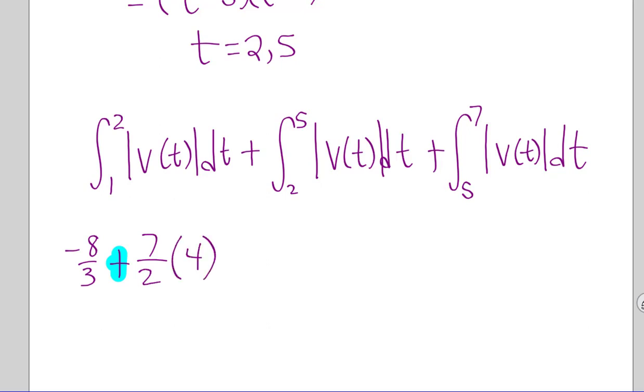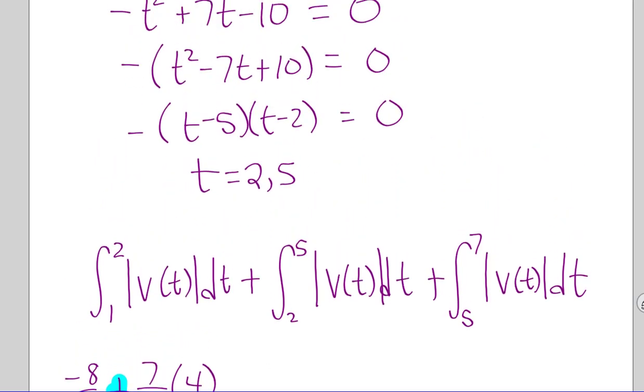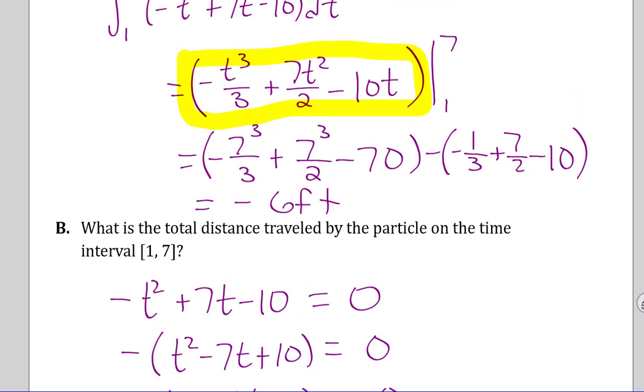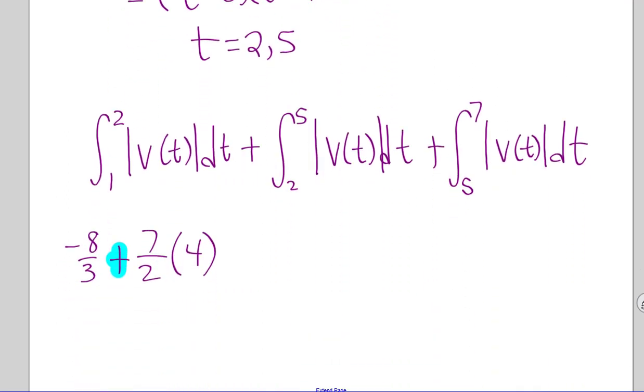And again, I'm plugging into this thing. So you see we got 7/2. If I plug in 2 and square it, that's going to be times 4, minus 10 times 2. Okay, that's what I get when I plug in 2. I have to subtract from that what I get when I plug in 1. So that's going to be minus 1/3 plus 7/2 minus 10.